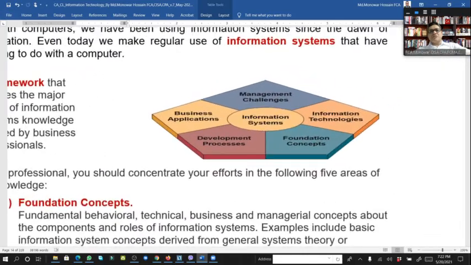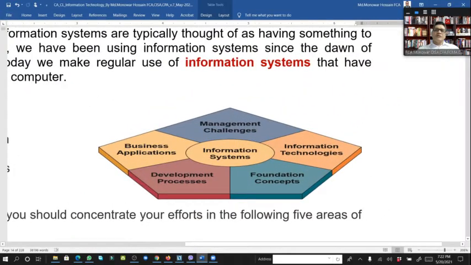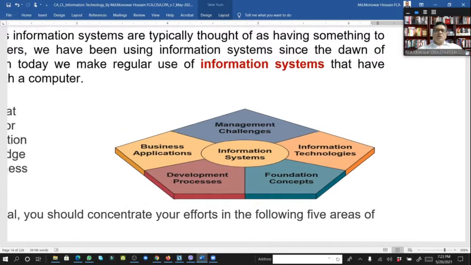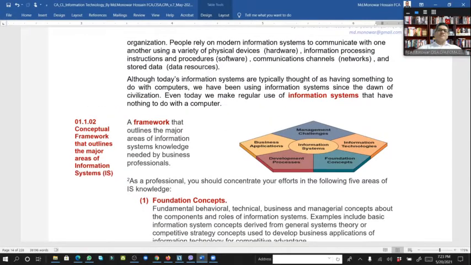Within this framework, we see the information system, and the management challenges, information technology, fundamental concept, development process, business application, all within the information system framework.